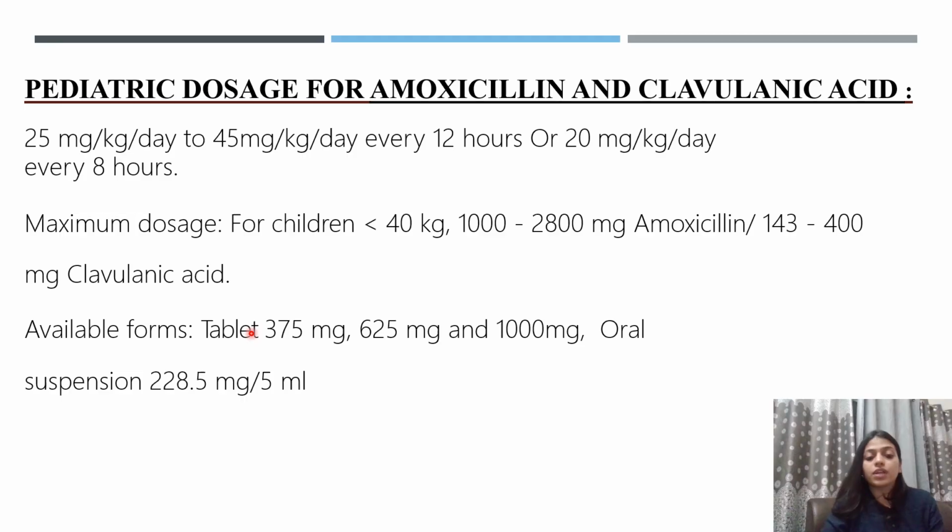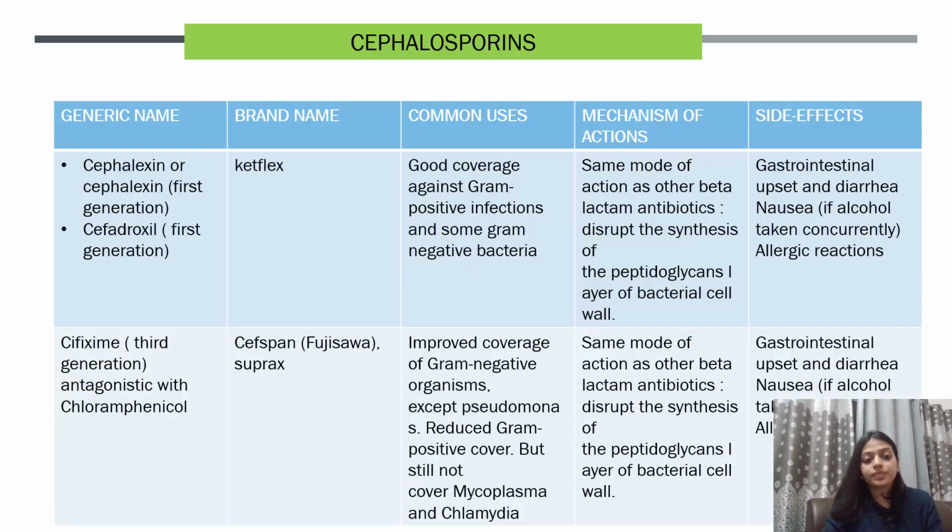And the available forms are tablet form 375 milligram, for adults 625 milligram, 1000 mg tablets are also there, and oral suspension of 228.5 milligram per 5 ml. So we have to use the lowest dose of clavulanate when it is used along with amoxicillin to avoid the gastrointestinal adverse effects. Then comes cephalosporins.